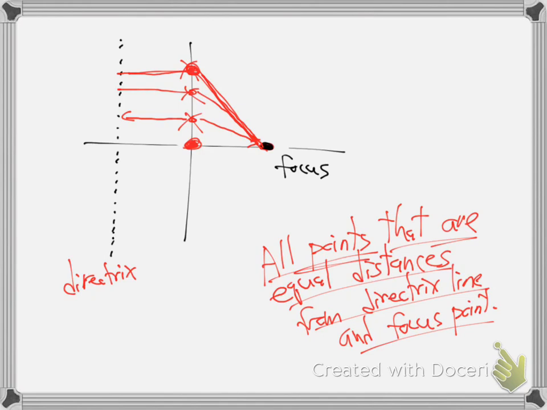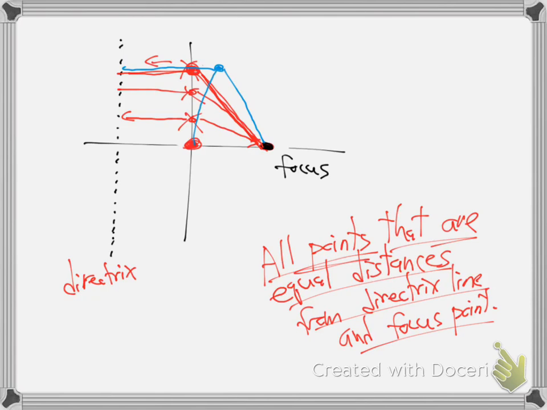How could I move him to make him have the same distance from the line? Which way do I need to move him? Do I need to move him to the right or to the left to make him have equal distance from the two? To the right. He's got to go over here a little bit, doesn't he? Maybe that's too far, but he's got to go a little bit to the right so that his distance from the focus and his distance from the directrix are the same.